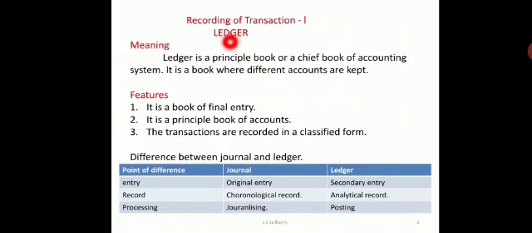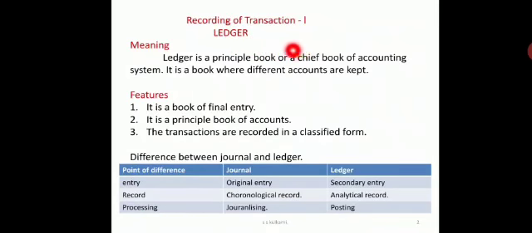If I have to get information relating to a particular item, for example cash, how much cash is spent and how much cash is received during a particular day, it will be very difficult in the journal, because I have to first analyze how much cash is debited and how much cash is credited. So to overcome that difficulty, we prepare the next book called ledger.